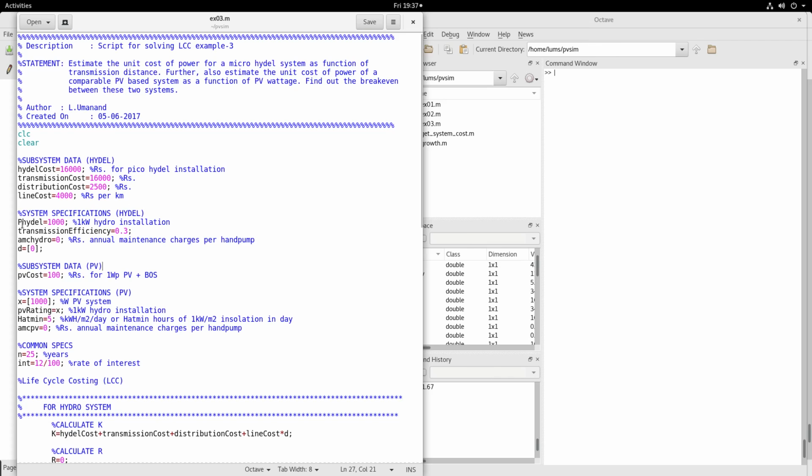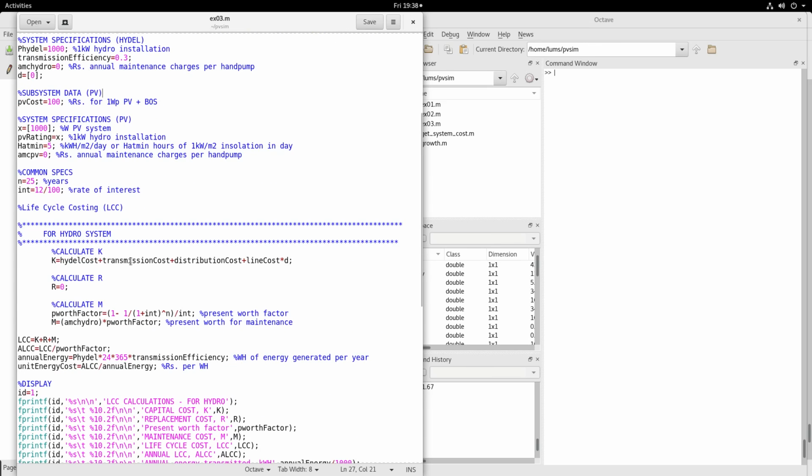And system specifications like the power rating, 1000 watts, transmission efficiency, AMC for the hydro, I kept it as 0. You could include it later on to find out what happens with the annual maintenance charges. D, I have kept it at 0. We will just see what happens. X, the rating of the PV system at 1000, and HAT minimum 5. AMC for PV also kept at 0. Then there are common specs like the LCC life term of 25 years and interest of 12%.